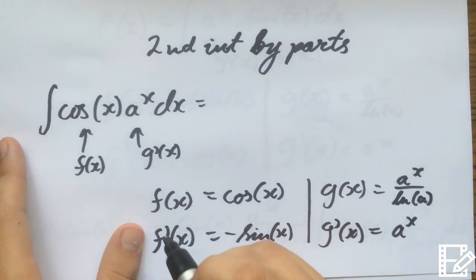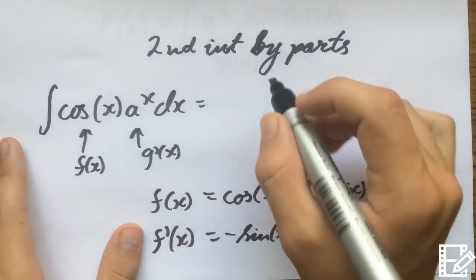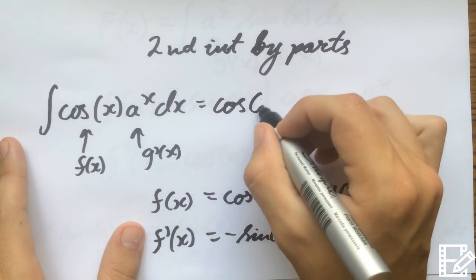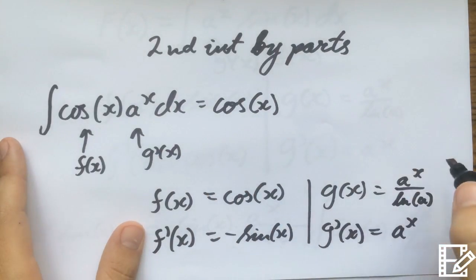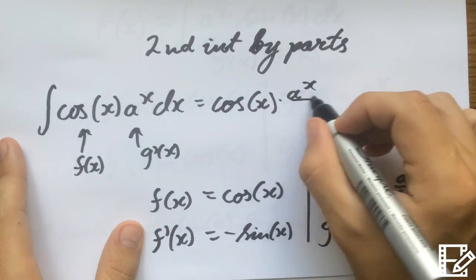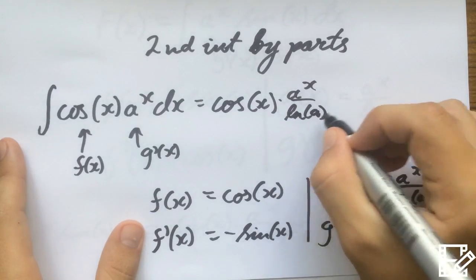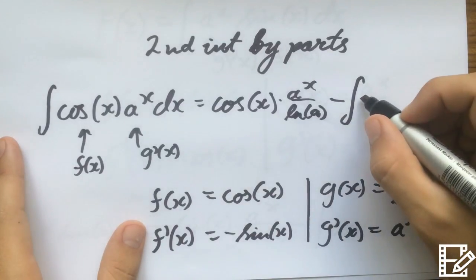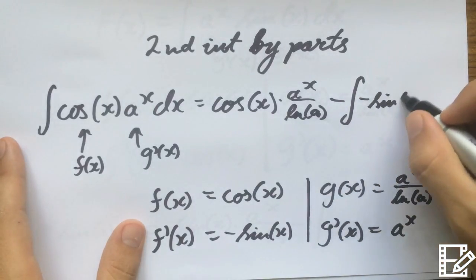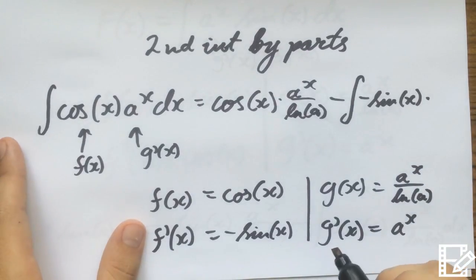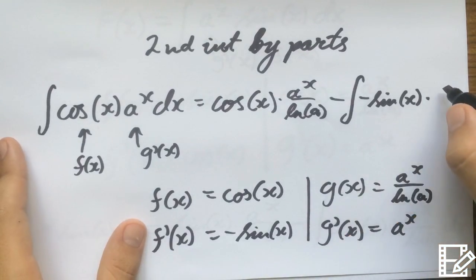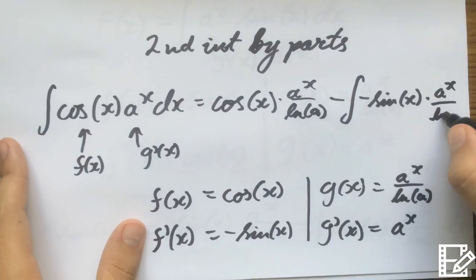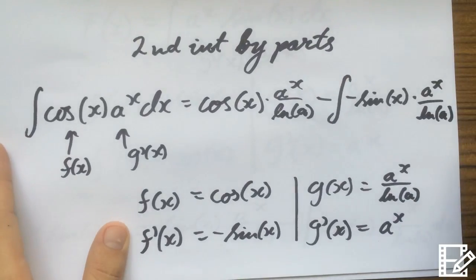Okay, so the other formula said we need here f(x), which will be cos x, multiplied by g(x), which will be a to the power of x on ln of a, minus the integral of f'(x), which is negative sine x, multiplied by g(x), which would just be a to the power of x on ln of a. And then there'd be a dx back here.